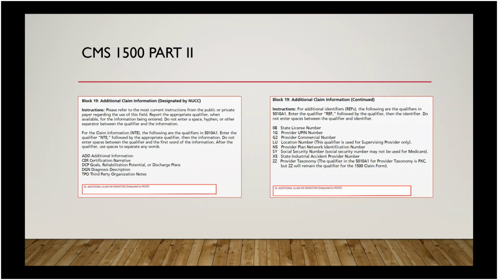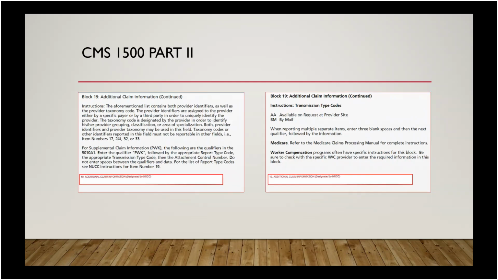Block 19, we do have our qualifiers and our reference, so additional identifiers that follow the qualifiers in there. Do not enter spaces between the qualifier and the number, such as state license number or UPN. Only fill it out if you need to.